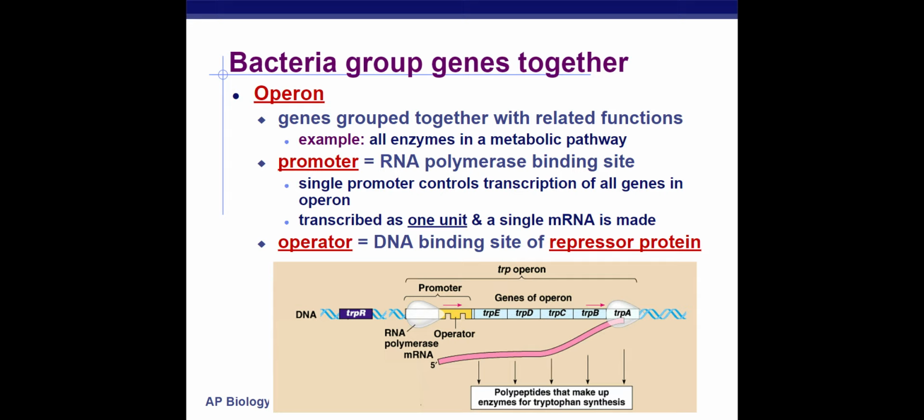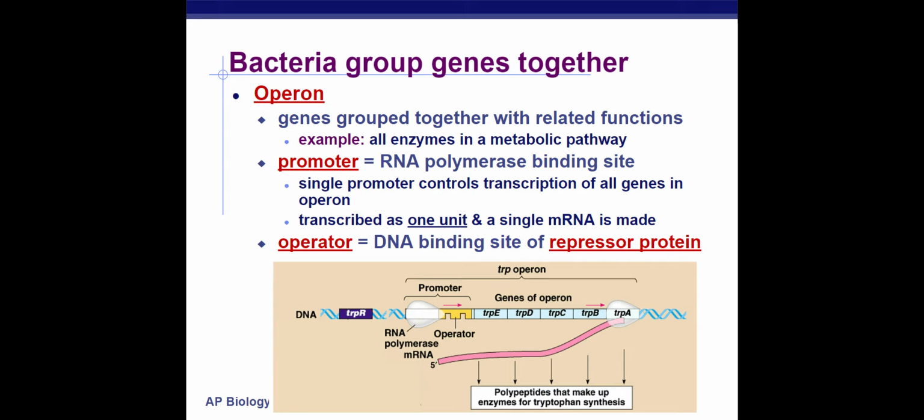This is where the repressor protein can attach. And actually, we do have repressor proteins in eukaryotes as well. Repressor proteins can attach in the promoter and stop the ability for that RNA polymerase to move down the gene of interest. So it blocks it, and then all those genes afterwards are not going to be transcribed.